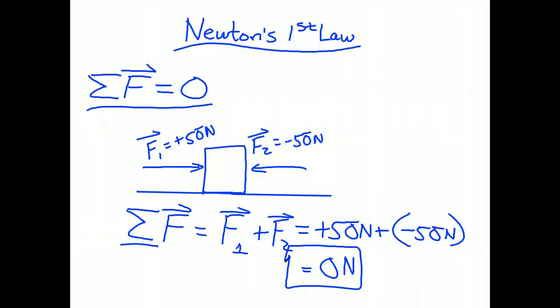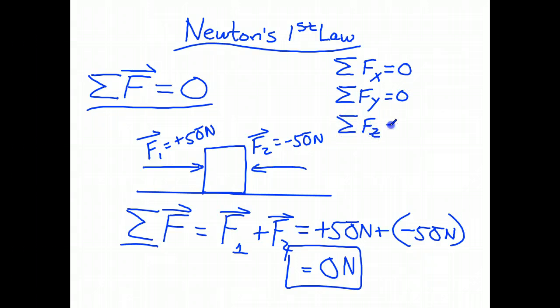To get a little more involved, we actually need to look at all the forces. That includes the sum of the forces in the x direction, the y direction, and the z direction. Now, obviously, we don't have anything coming out of the board, so the z direction is something that we pretty much ignore in here.